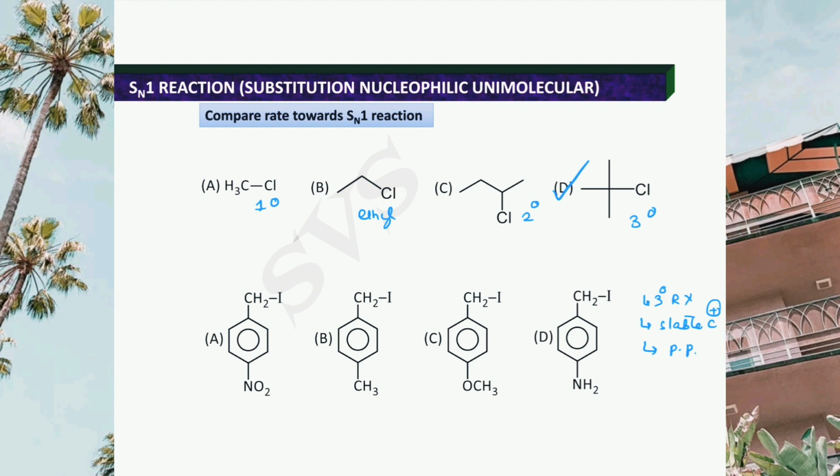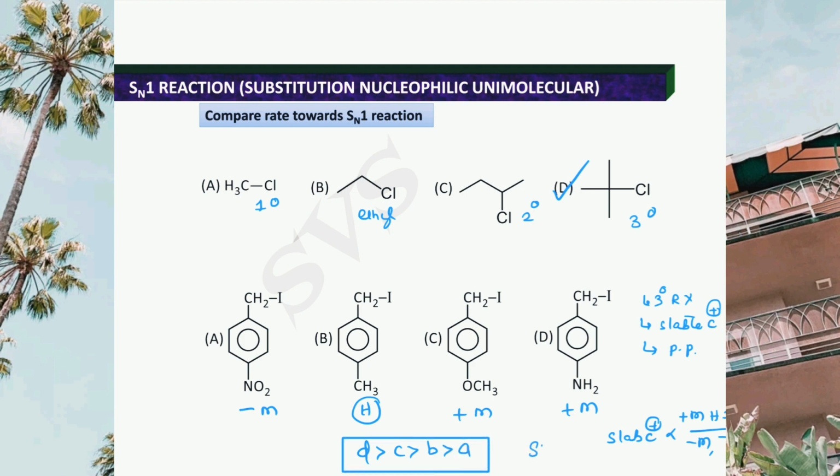Next example I am taking: this is minus M, this will be hyperconjugation, this will be plus M, this will be plus M. So therefore, stability of carbocation is directly proportional to plus M, plus H, plus I, and inversely proportional to minus M, minus I. So therefore D is more reactive than C and then B and A. This is the order of reactivity towards SN1.